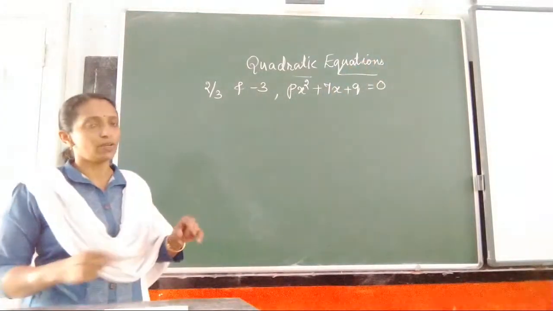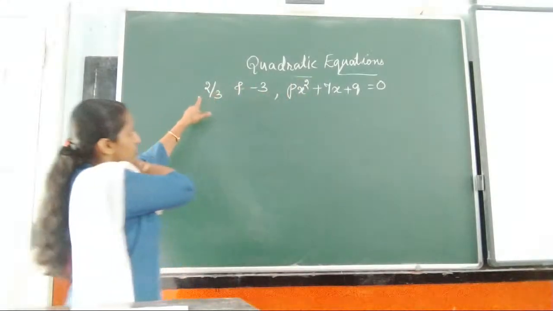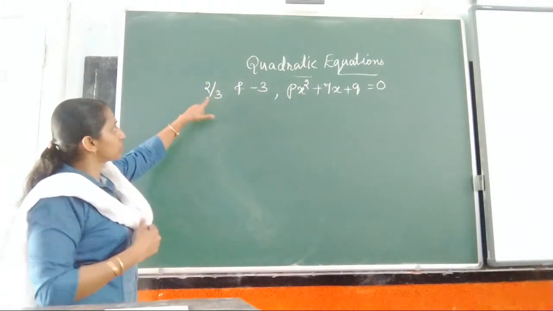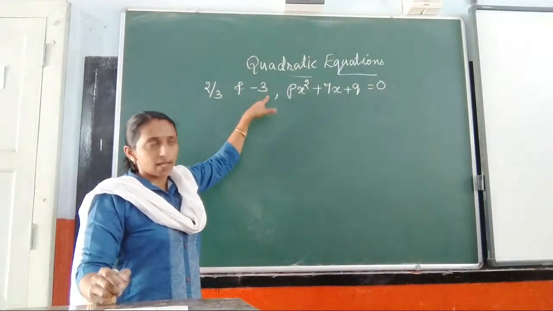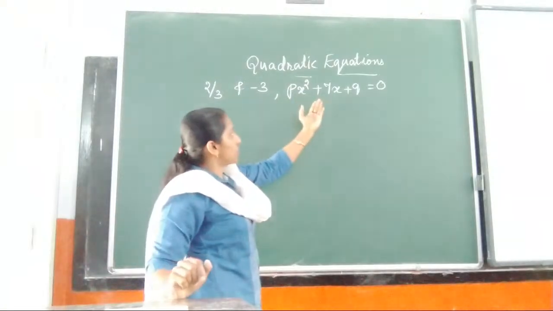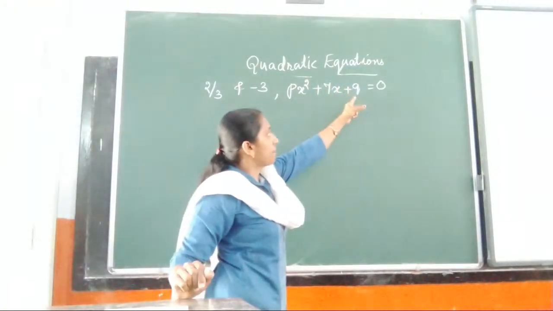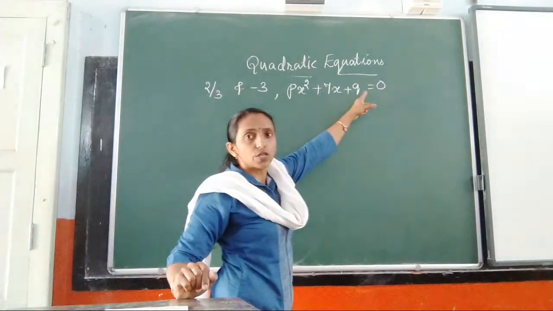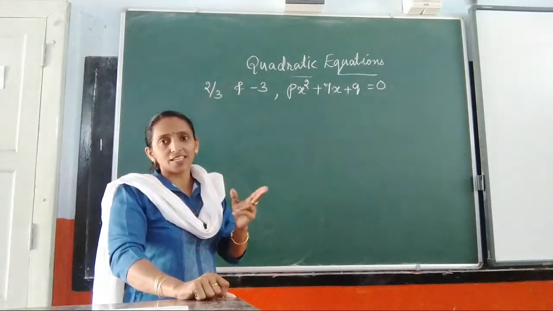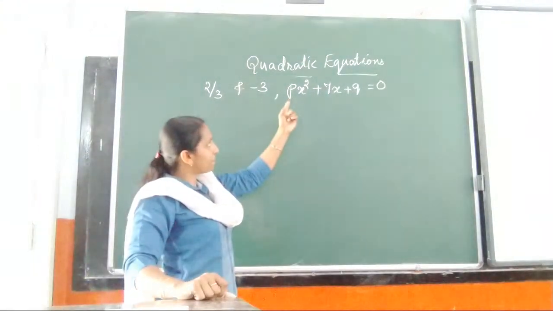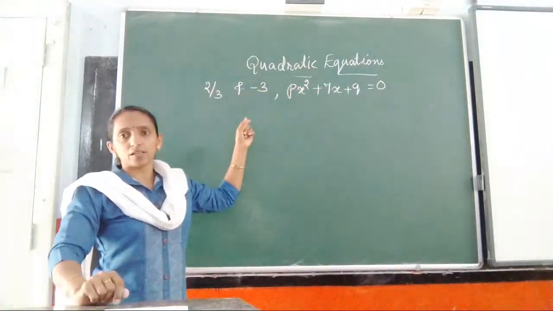As I have told you, if we have two unknown quantities, both the roots will be given in the question. So both roots, 2 by 3 as well as minus 3, are roots of the quadratic equation px square plus 7x plus q equal to 0. It means we have two unknown quantities. Which are the two unknown quantities? p and q. How can you find the values of p and q?